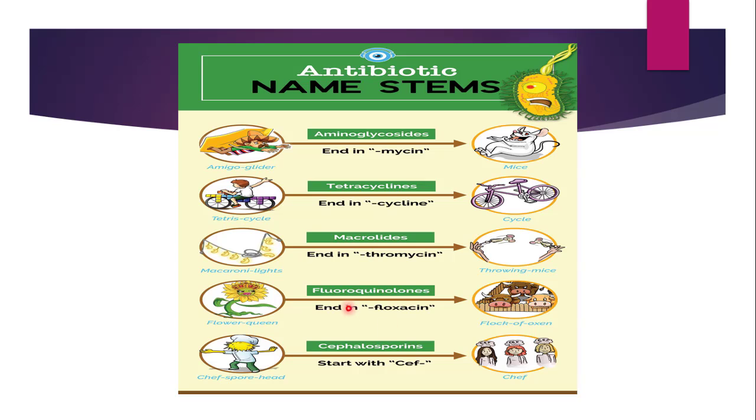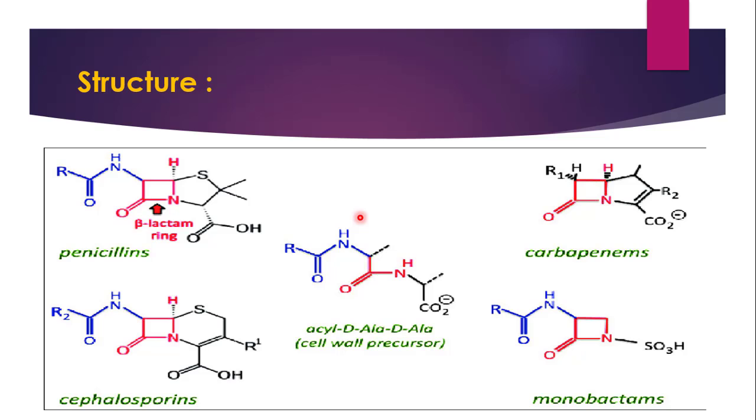Fluoroquinolones end with floxacin, like ofloxacin, ciprofloxacin. Cephalosporins start with ceph, everything. So these are a few easy ideas to remember the suffixes, whereas in beta-lactams you will not find such suffixes, because the classes are like penicillins, where again subclassification is there, and cephalosporins, where again subclassification is there.